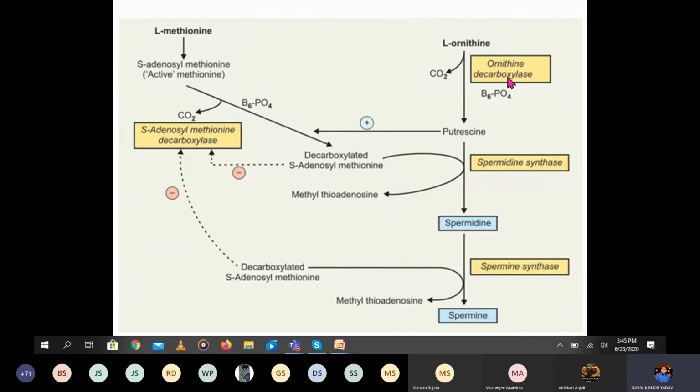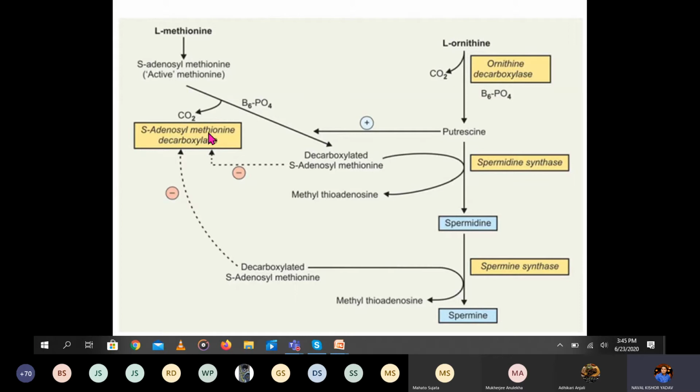So it's a very simple synthesis, you can say. Mainly in three steps, polyamines are synthesized. You have to remember these three enzymes plus this additional enzyme. For the regulation of polyamine synthesis, the main enzyme is ornithine decarboxylase, and plus we have S-adenosyl methionine decarboxylase. This is the second enzyme, with which you can regulate.